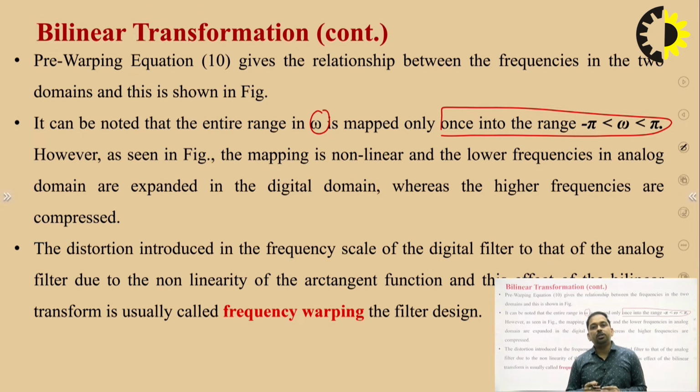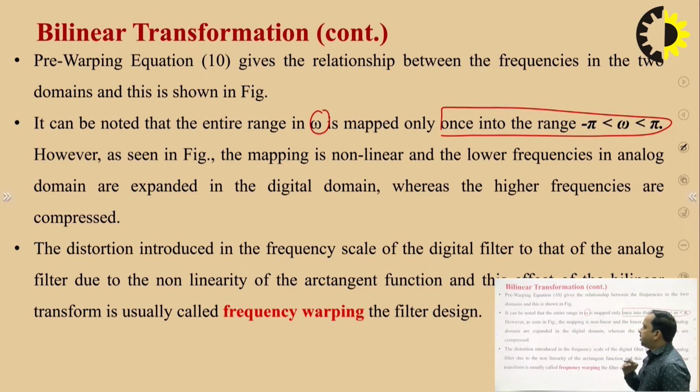All the frequencies in the analog domain were mapped multiple times into the range minus pi to pi in the digital domain, creating an intermixing of frequencies called the aliasing effect. We do not observe that aliasing effect in the bilinear transformation. This is the advantage of the bilinear transformation, because aliasing is highly intolerable.